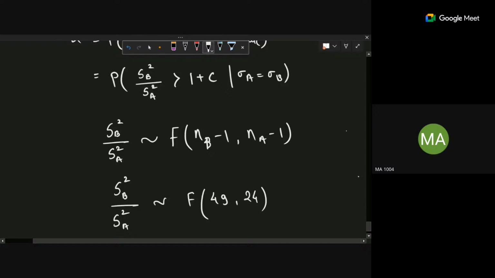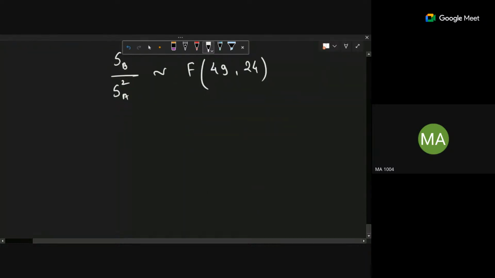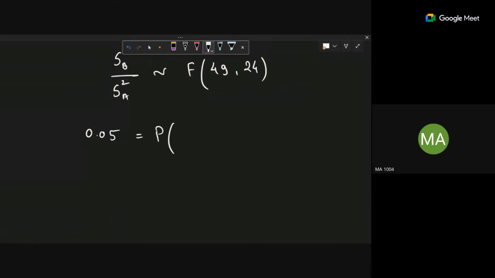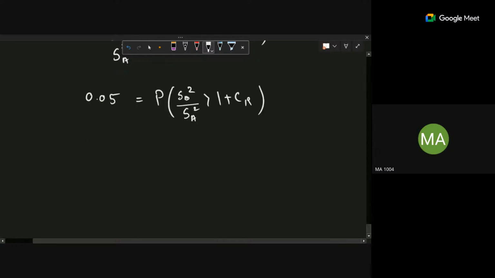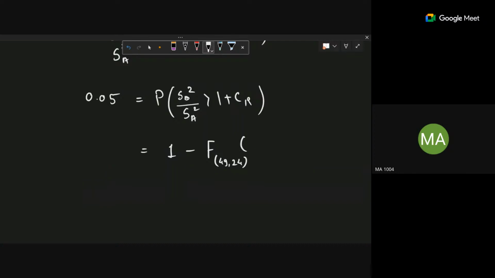So if I write 0.05 is equal to the probability that SB square upon SA square is greater than 1 plus C, that is the F distribution with 49 and 24. Since it is greater than, I should write it as 1 minus the CDF of 49 and 24 at the point 1 plus C.